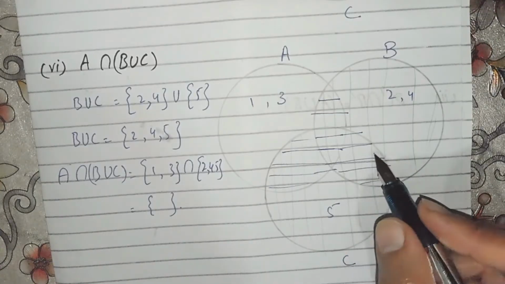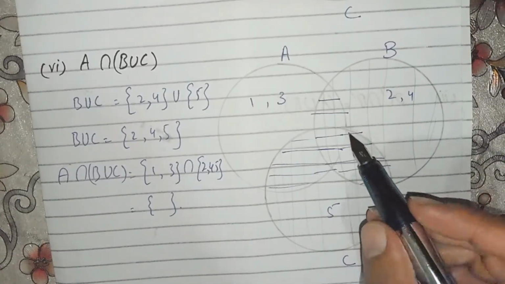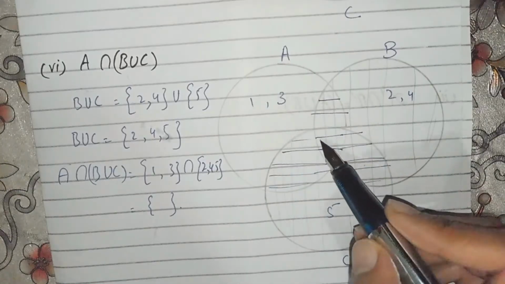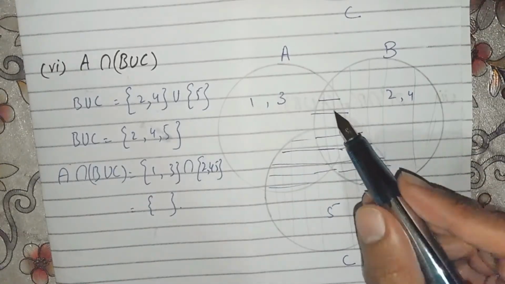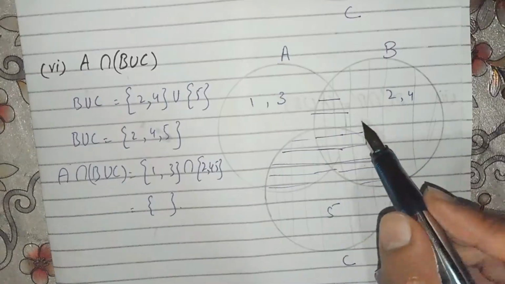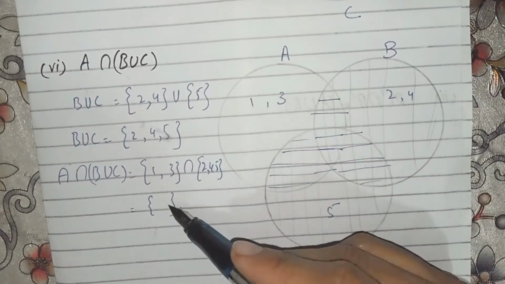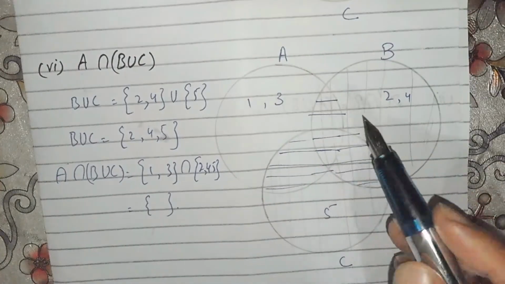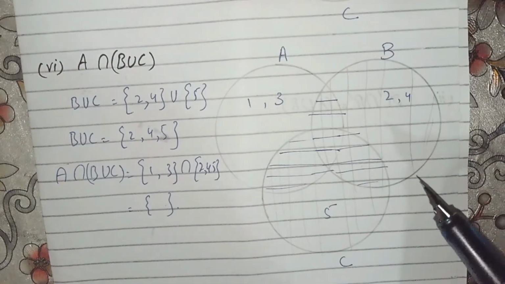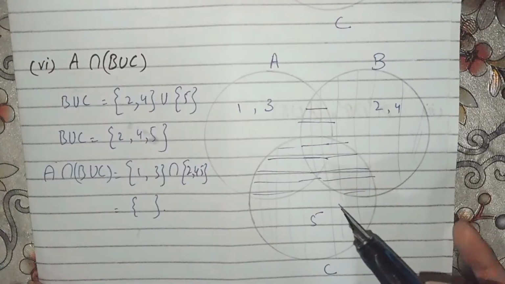Because this is the union of A and B, we have to take the intersection of the common part of A union B, and this part comes in it, which I represent with the horizontal lines, and this is the empty set. The part number 6 is solved.